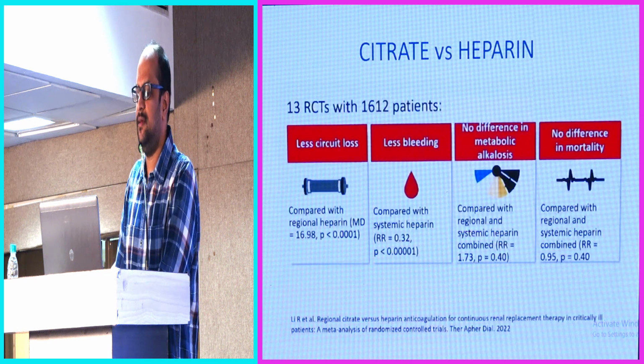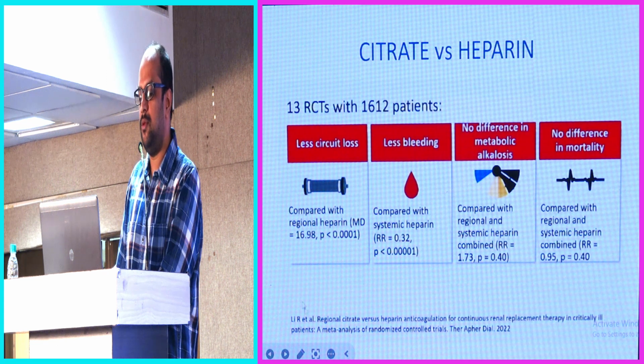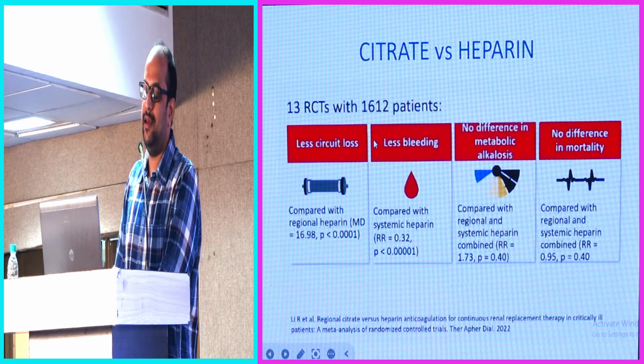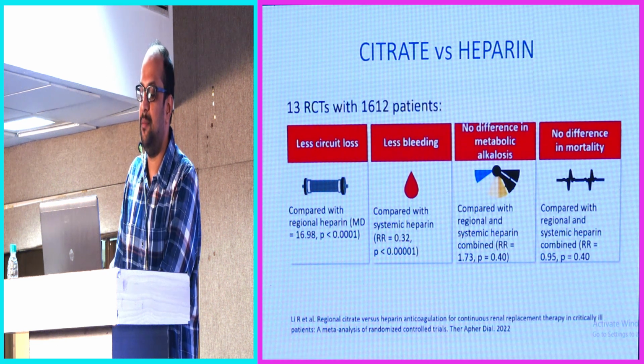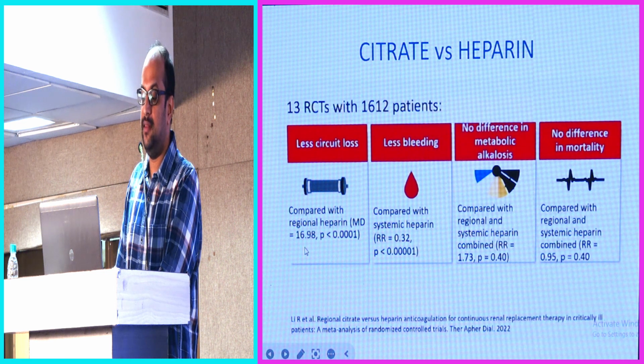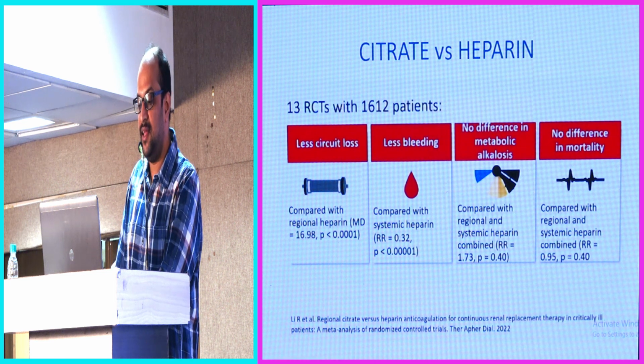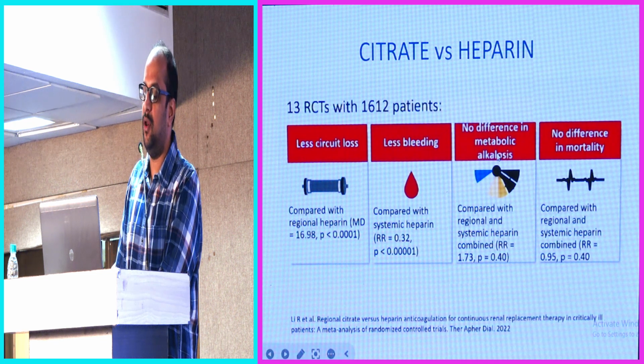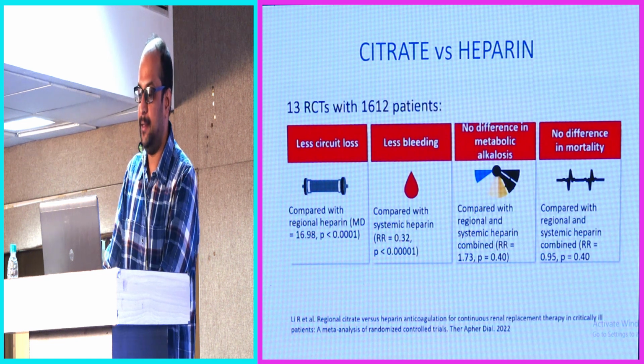So why citrate rather than heparin? There are almost 13 randomized controlled trials done in around 1500 to 1600 patients, and they have documented statistically significant less circuit loss with the use of citrate and statistically significant less bleeding risk with citrate, with no difference in mortality and no difference in metabolic alkalosis when compared with heparin.